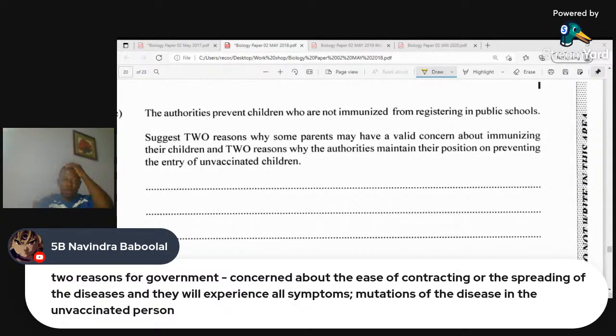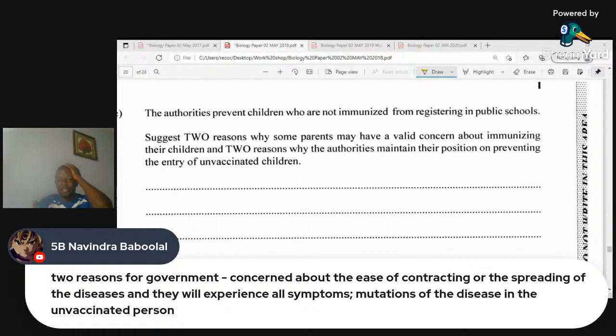Concern about the ease of contracting or spreading the disease, and they will experience all symptoms. They are concerned about mutation. I didn't think about that, but that's plausible. Concern about mutation of the disease in the unvaccinated person. I like mutation. I really didn't think about that. That's a nice one, I think. Really, really nice. I didn't think about that one.